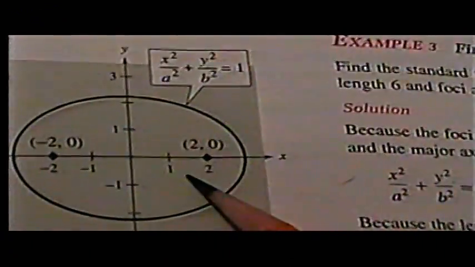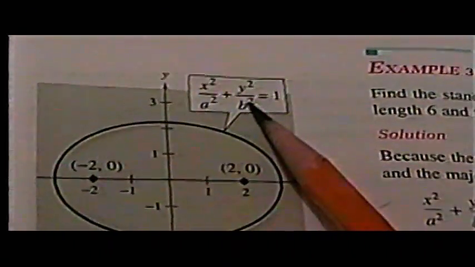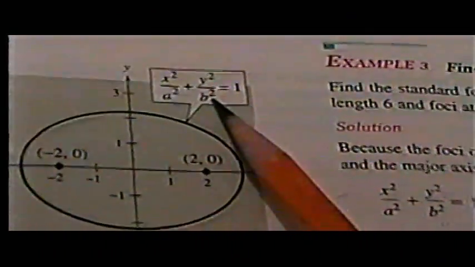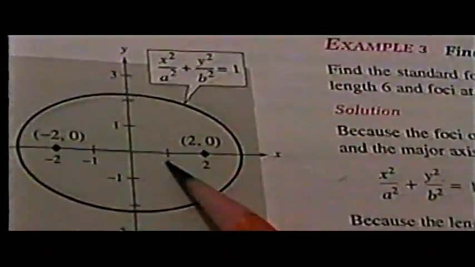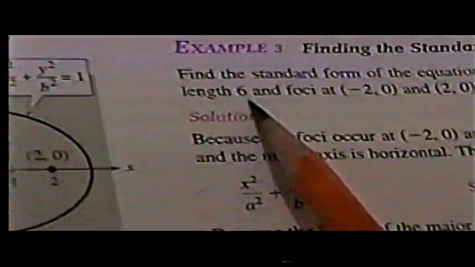So in order to write the equation, you have to know both a and b. It said find the standard form of the equation, so all we have to do now is find b, because we know that a is equal to 3. Since the major axis is 6 units long, the major radius a is half of that, which is 3.